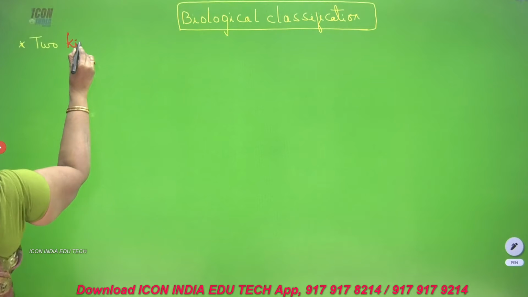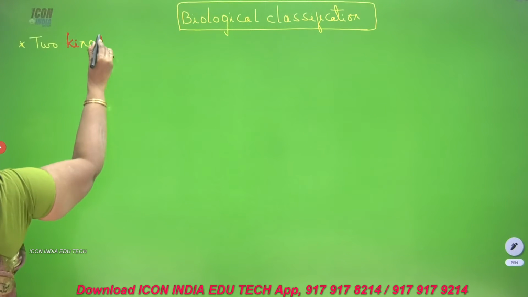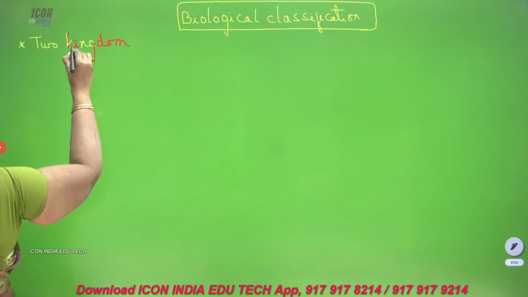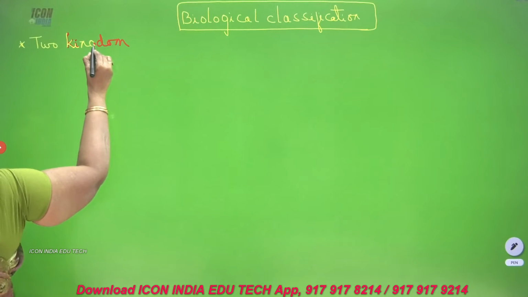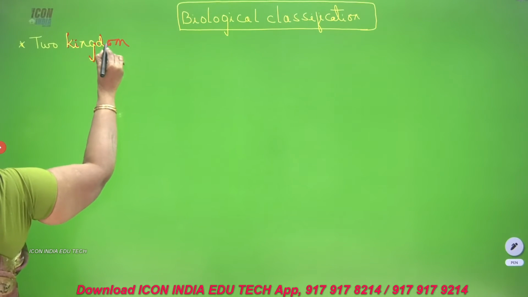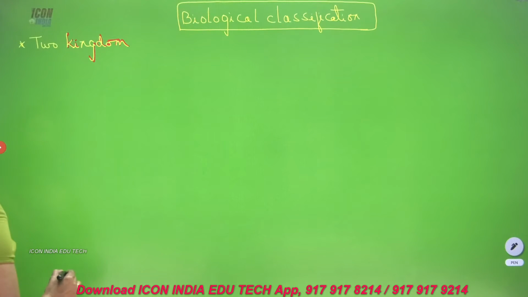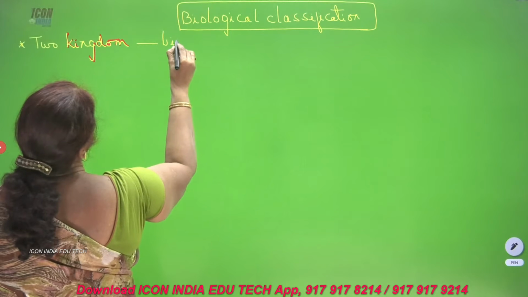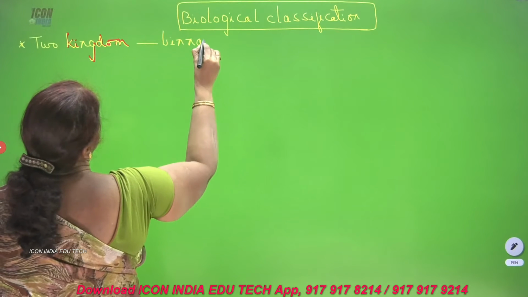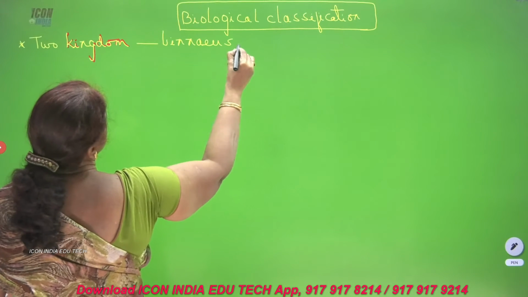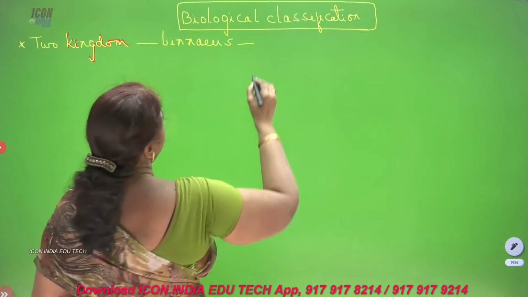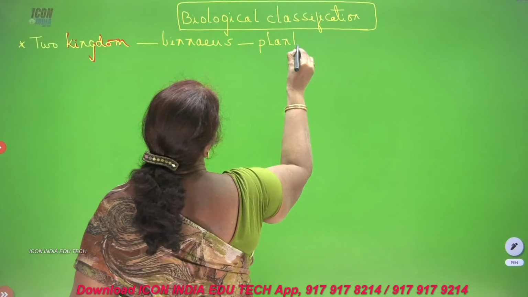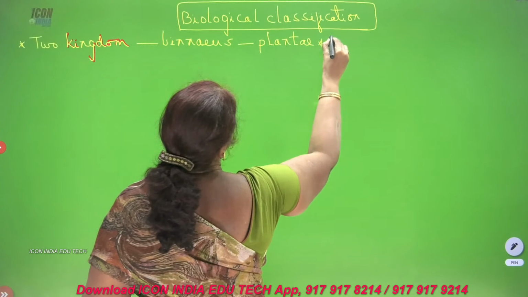The two kingdom classification was proposed by Linnaeus. He classified the organisms into Plantae and Animalia.